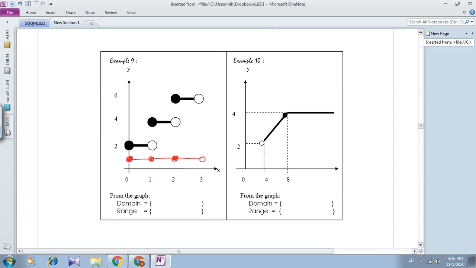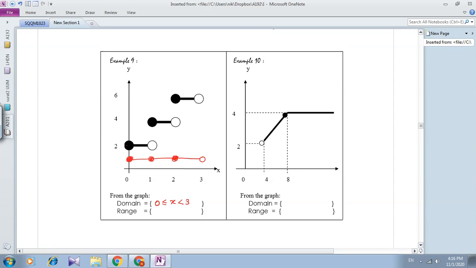So the domain will be from 0 but not 3. From 0, x will be greater than or equal to 0 but less than 3, because at 3 we have a white dot.